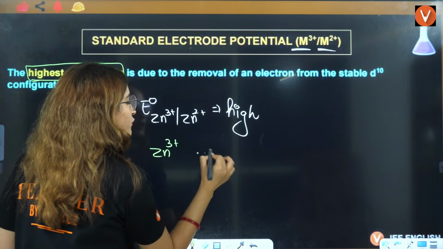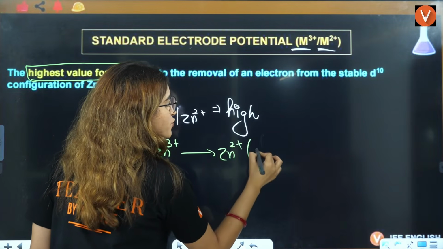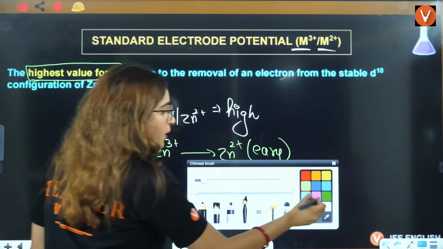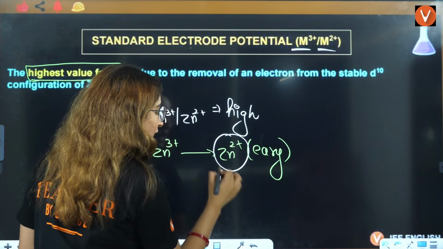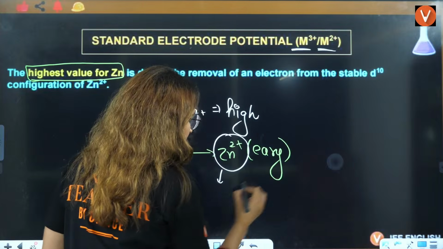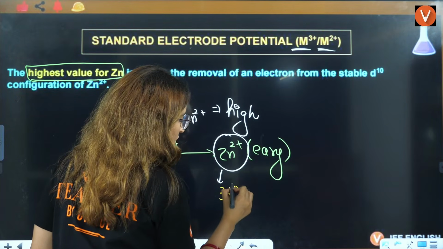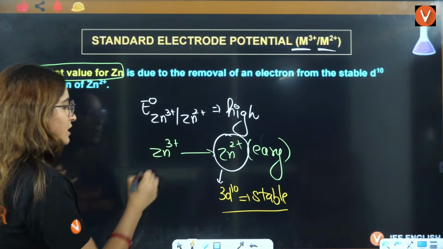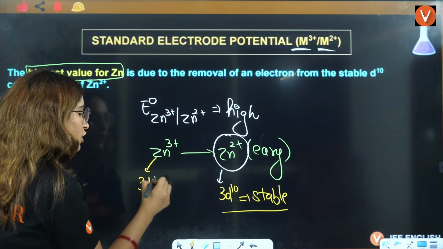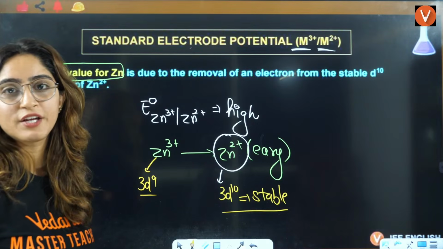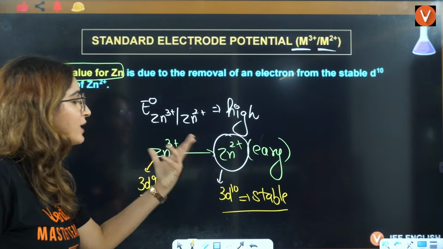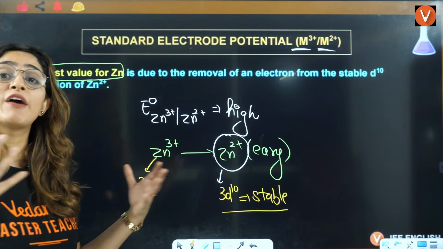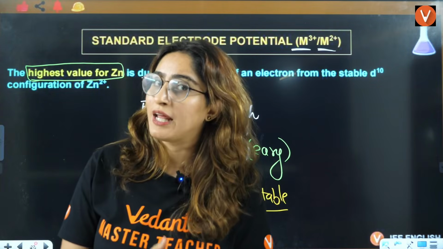Why? Because Zn2+ is 3d10, which is a stable configuration. This is 3d9, which is not a stable configuration. So it would love to get converted to a stable configuration. That's why this has a very high standard reduction potential.